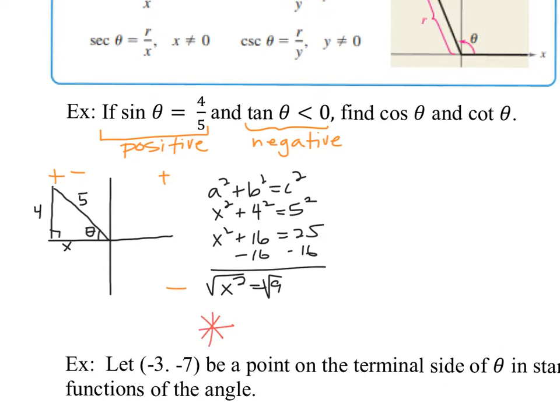When you take the square root and we're recognizing values in any one of the 4 quadrants, we have to remember that the square root of 9 has 2 possible values, positive or negative 3. So put a little question mark right there. If x could be positive 3 or negative 3, which value of x is meaningful in quadrant 2?